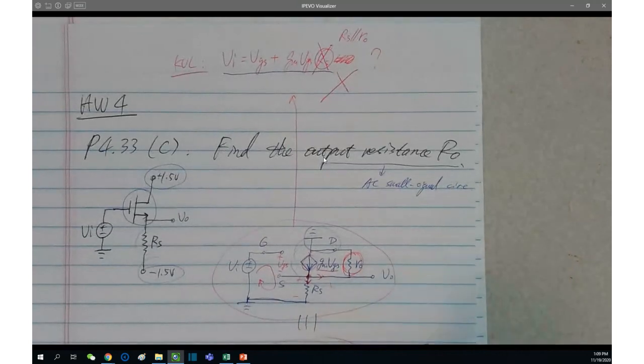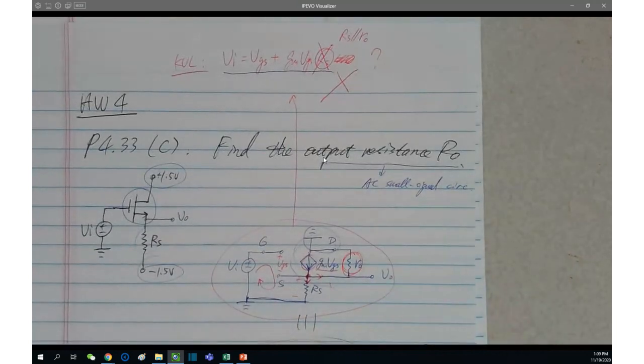And from here, it's hard to see. But you got to be careful. Any questions regarding this? And it's very important, okay. A similar thing you will see in the BJT small signal circuit as well.